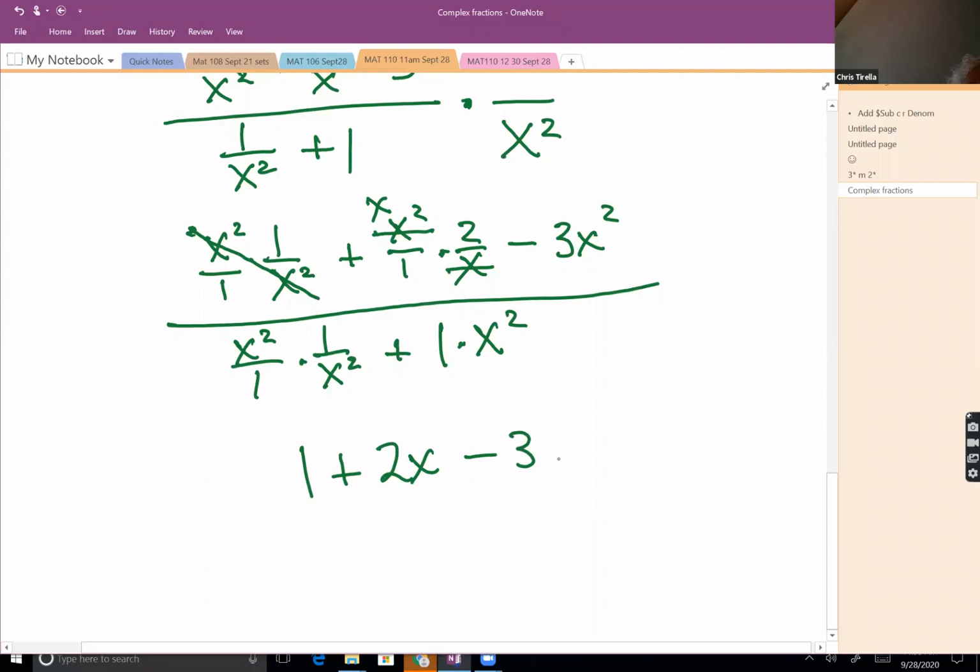And then I've got my minus 3x squared. And in the denominator, those x squareds will cancel. 1 plus x squared.